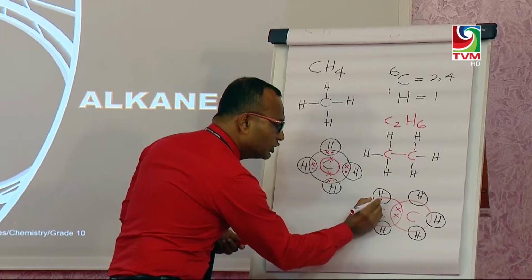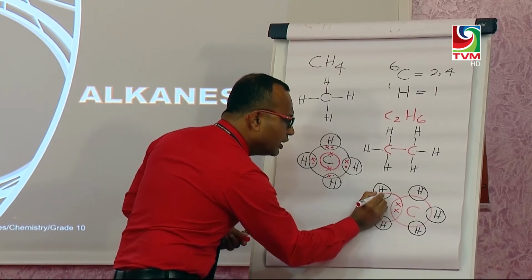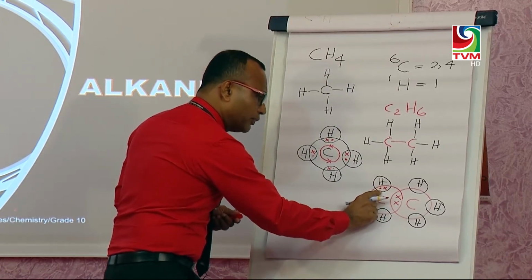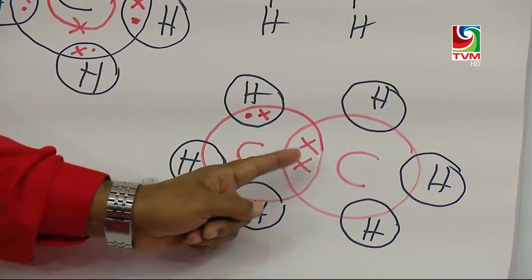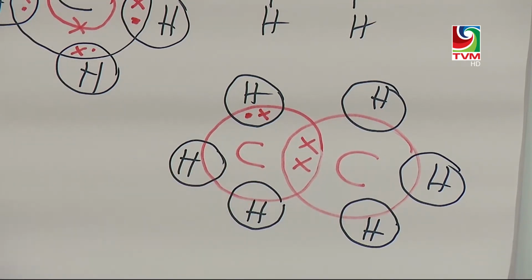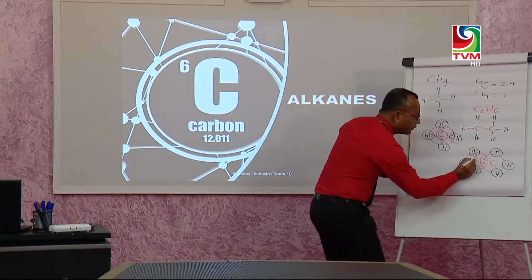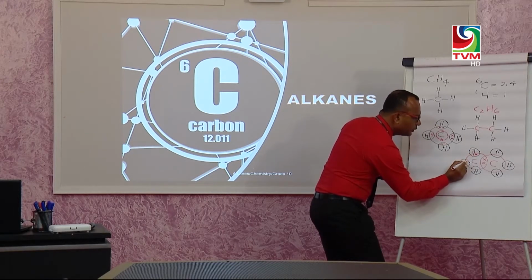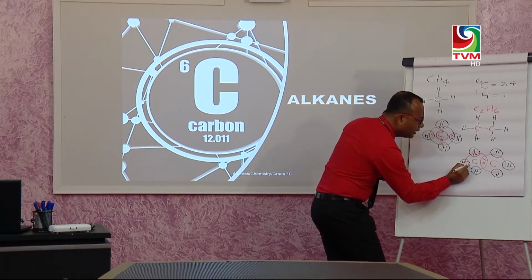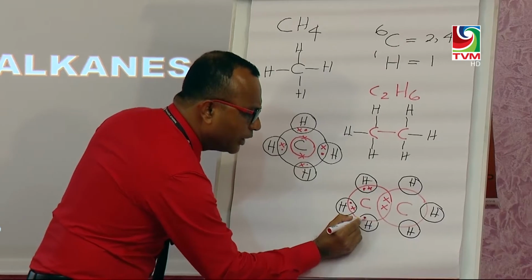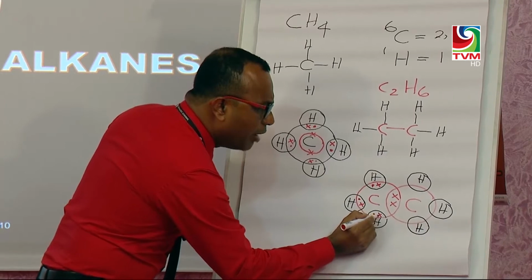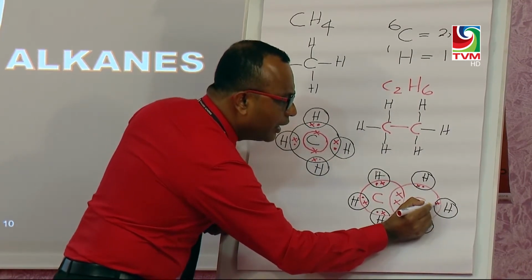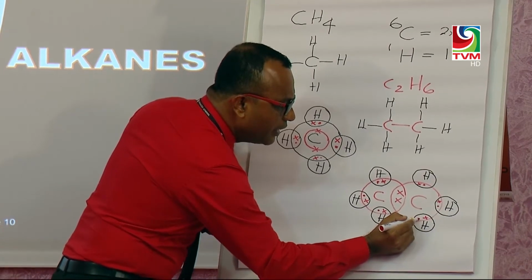So I must use different symbols, dot and cross: cross from carbon, dot from hydrogen. Use crosses to show electrons of carbon. Electron from carbon, electron from hydrogen, and the same in these places, carbon, hydrogen, carbon, hydrogen.